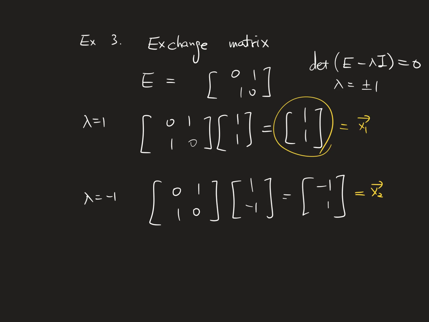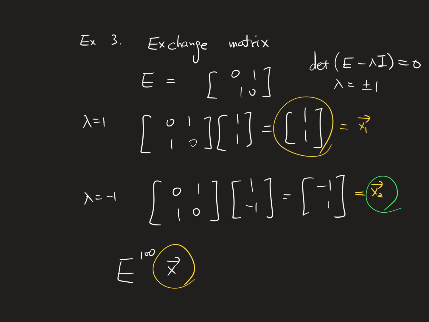And we can see that if we multiply the matrix E over and over again, what will happen? We'd like to consider E to the 100 times an x vector, but in general the x vector has two components, one is the x1 component and the other is the x2 component.